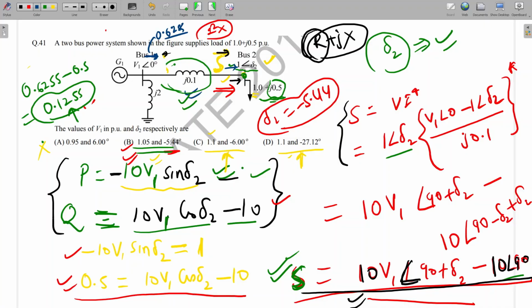You will see that the magnitude of power is positive from higher angle to lower angle. Here this is the higher angle, 0, and this angle will be negative, meaning lower. So power will flow from this direction to this direction. Is it clear?